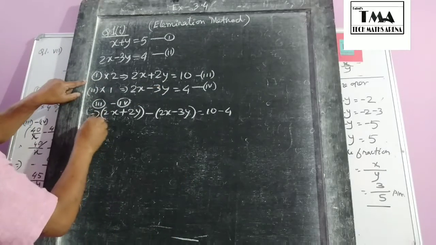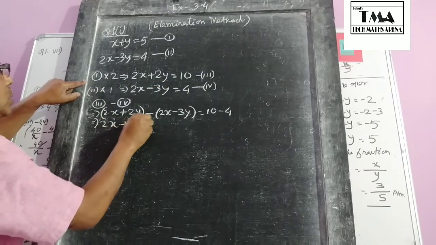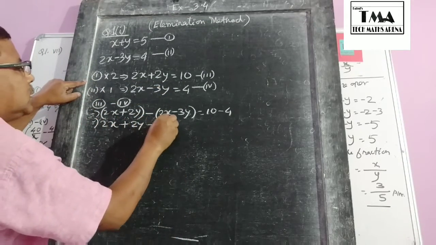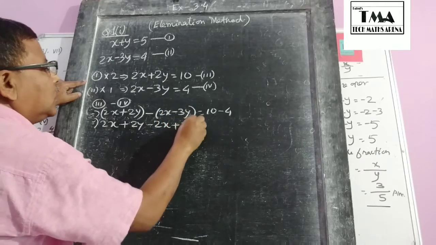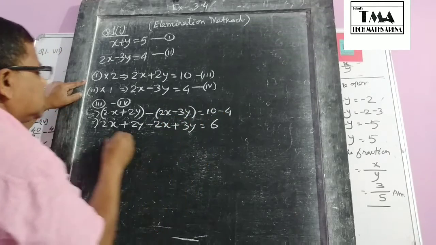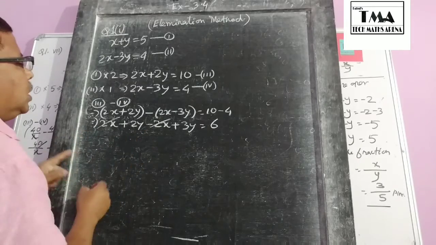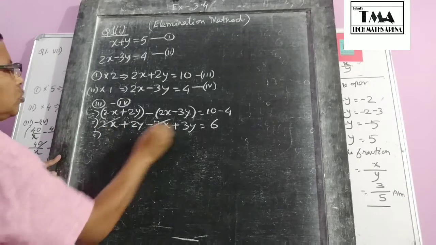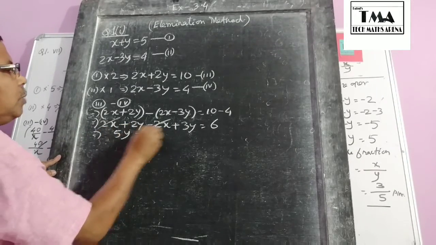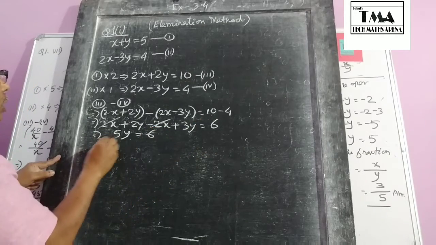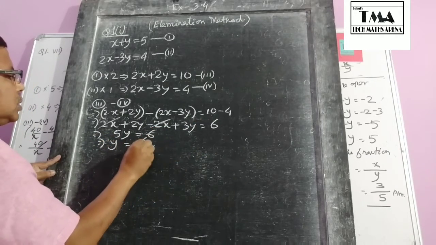Okay. Now, you know 2x plus 2y, minus into plus minus 2x, minus into minus plus 3y is equal to 10 minus 4, this is 6. 2x gone, means x is eliminated. So we get 2y and 3y together 5y, this is 6. Hence y is equal to, we have got as 6 by 5.